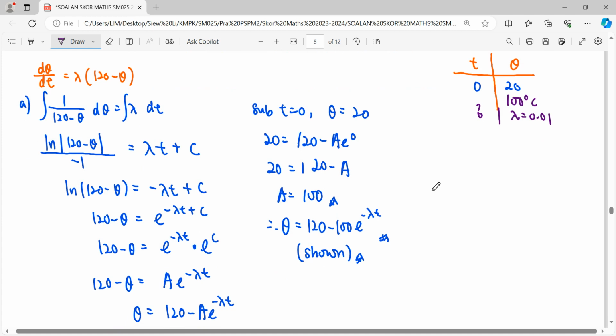So for the second part of the question, it means we substitute lambda equals 0.01 and theta equals 100 to find out what t is. So substitute into the solution that we have found just now.